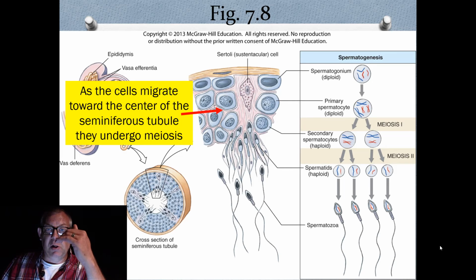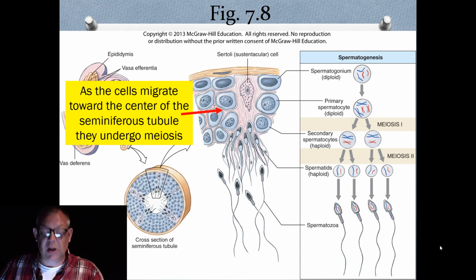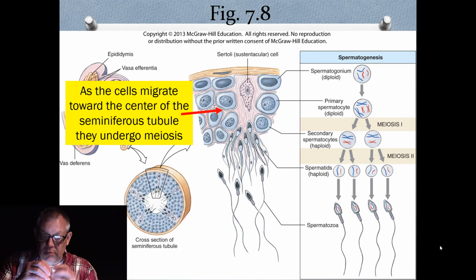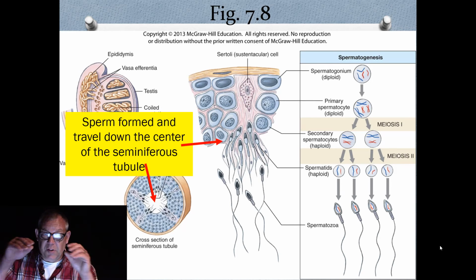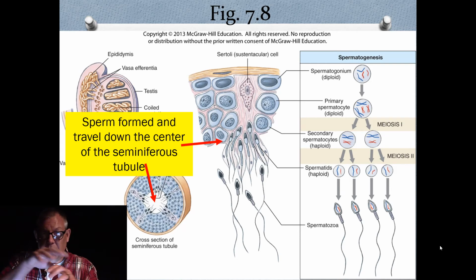The closer you get to the center of the tube, the further along you are in meiosis, until at the center meiosis completes and you've got a sperm, and it can move down that tube and get collected and form ejaculate. So it travels down the center of that seminiferous tubule because now it's a full-fledged sperm.